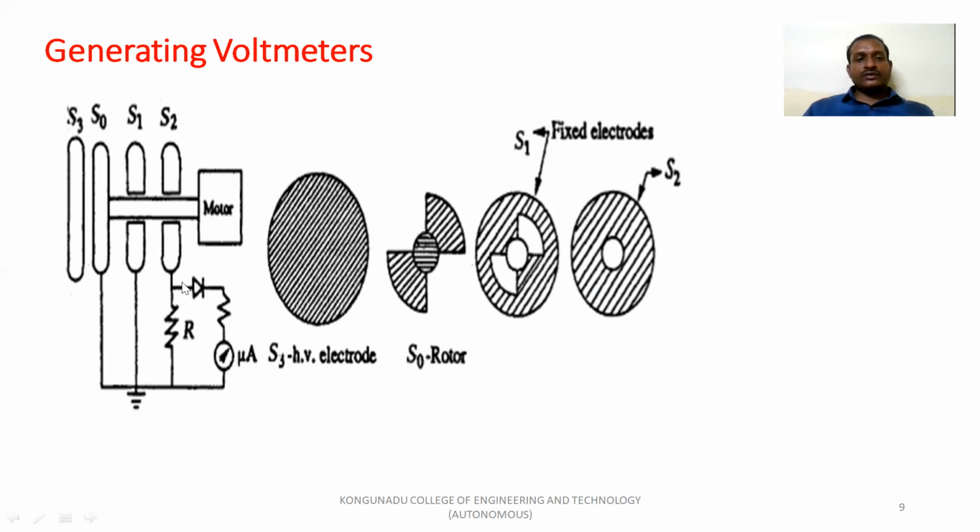Due to this capacitance variation, an AC current is induced in the rotor's fixed electrodes. This current is rectified by the rectifier R and read by the micrometer in microamperes, so we can measure the current proportional to the voltage. A constant speed or synchronous speed motor is used to rotate the S0 electrode.